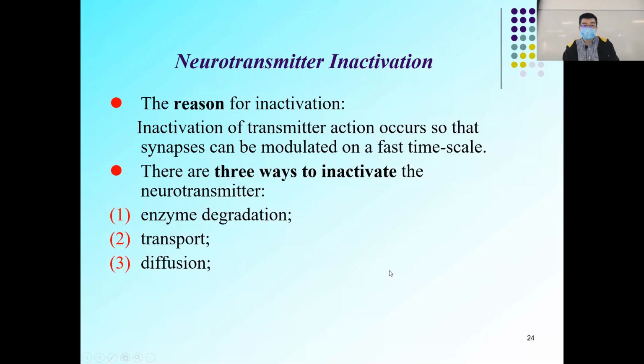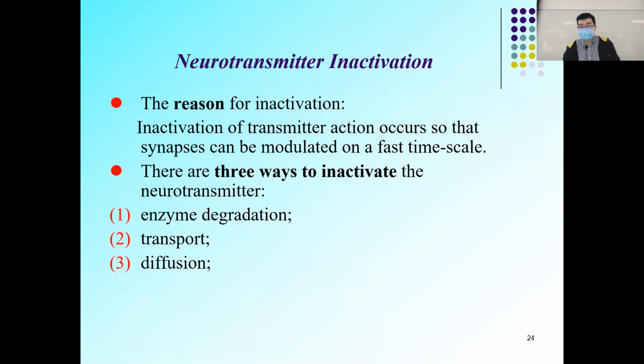Okay? So there are three ways to inactivate the neurotransmitters: enzyme degradation, transport, and diffusion as well, okay? Those are the three major ways to inactivate it.